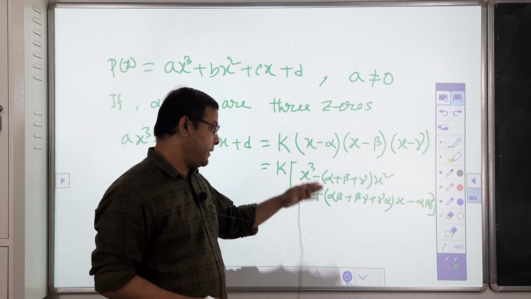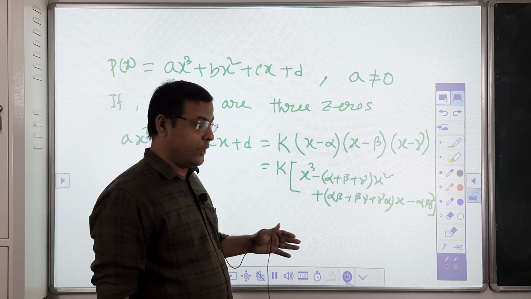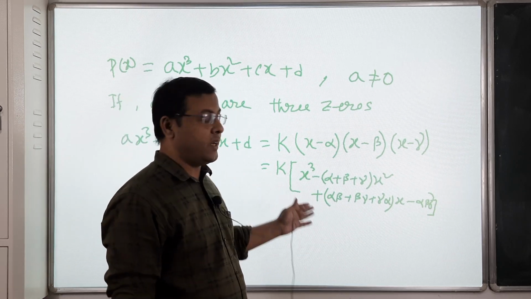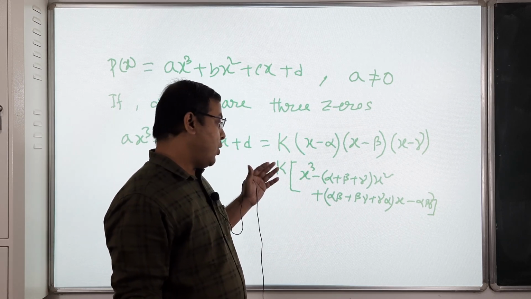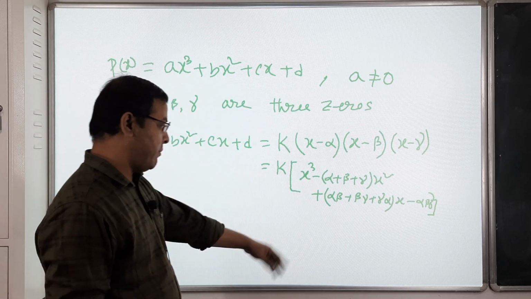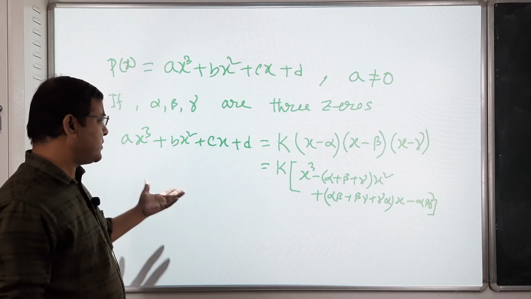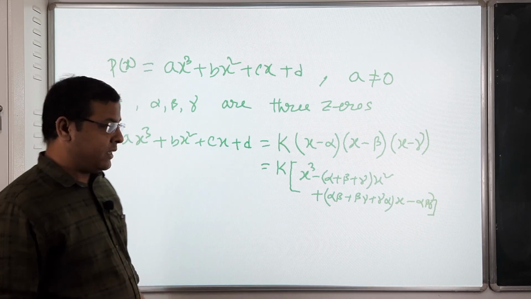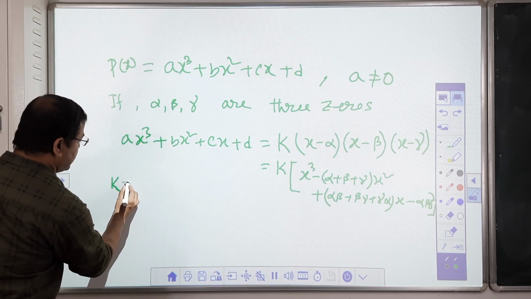So the right hand side is a general form of a cubic polynomial, obviously a cubic polynomial, whose three zeros are alpha, beta and gamma. Now, what is the relation between zeros and coefficients of this polynomial? Similarly, you have to equate both sides. That means comparing both sides, you get k is equal to a.